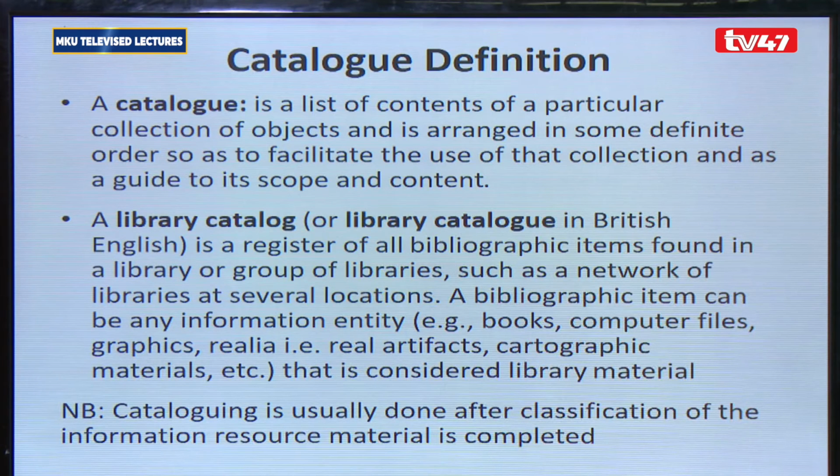There is a reason why. Because classification assigns a subject which is used to describe the material, and classification also assigns the call number and other numbers that are used to monitor the item. And all those are required in the catalog card.